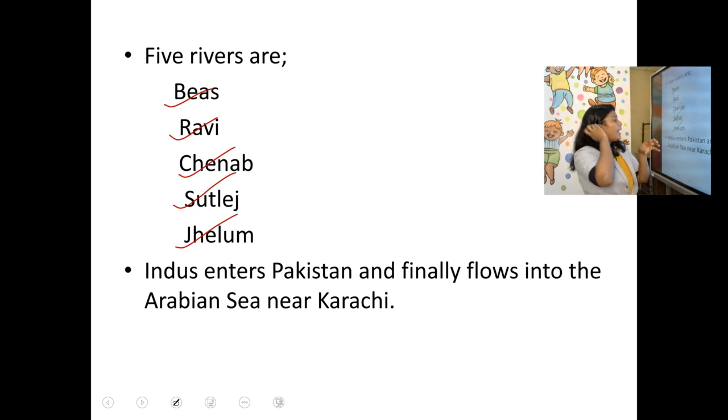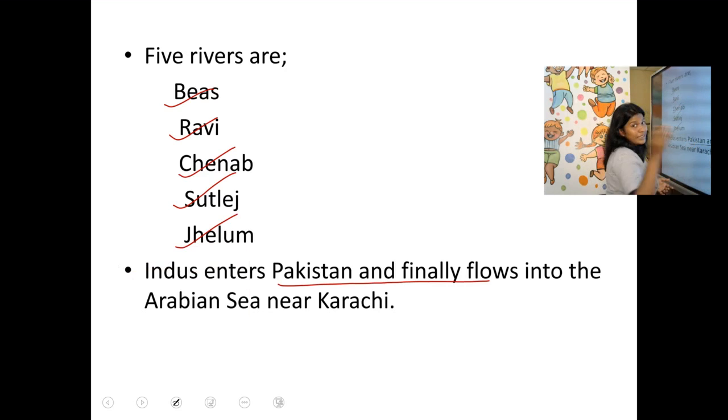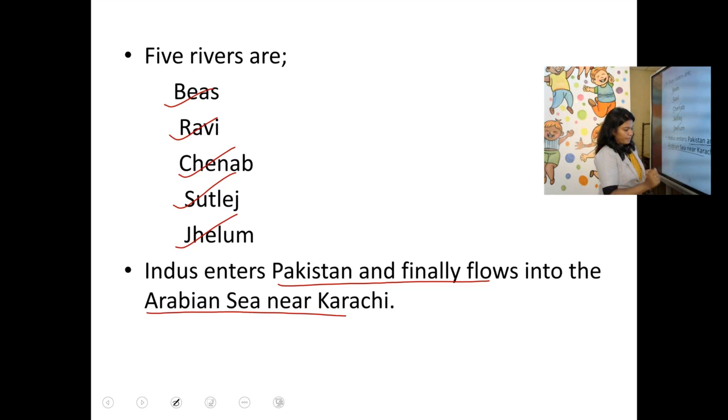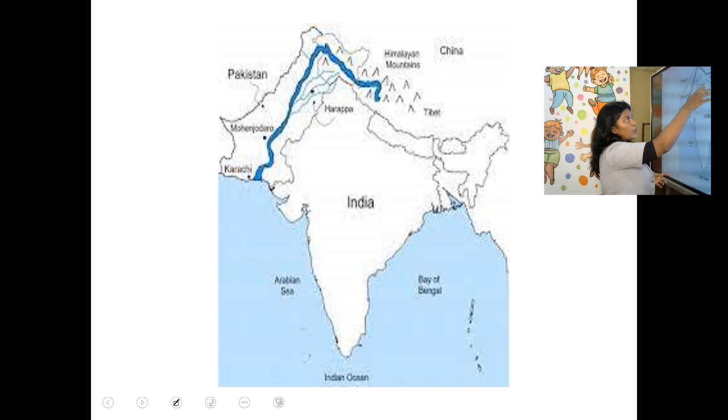From there it gets the name Indus, which enters Pakistan and finally flows into the Arabian Sea. This is very important: the rest of the 3 rivers reach the Bay of Bengal, and the Indus is the only river that reaches the Arabian Sea. The teacher told you about the Ganga, Yamuna, Brahmaputra.